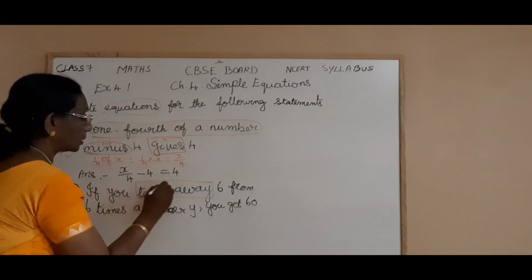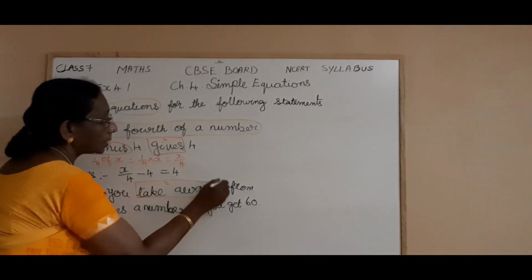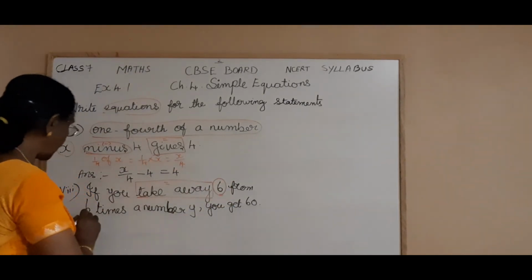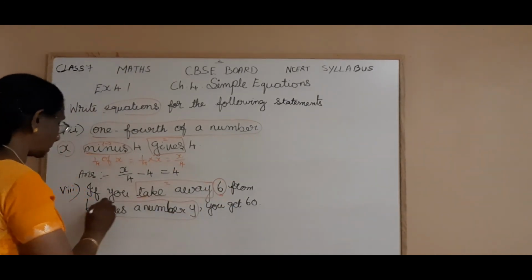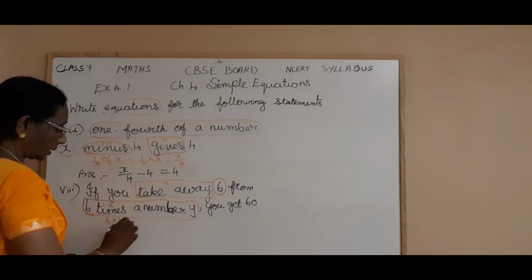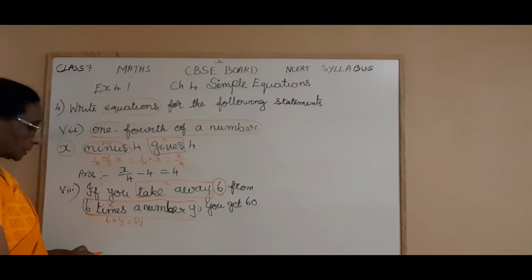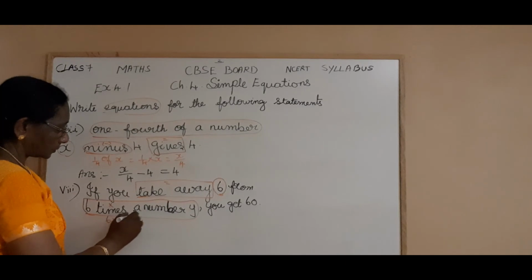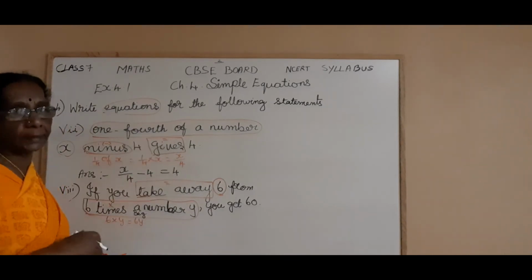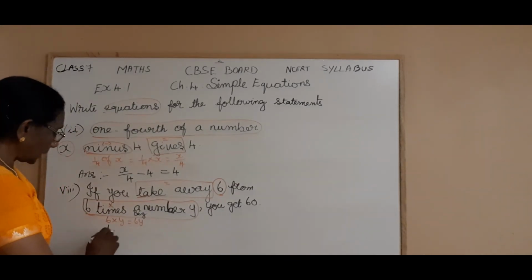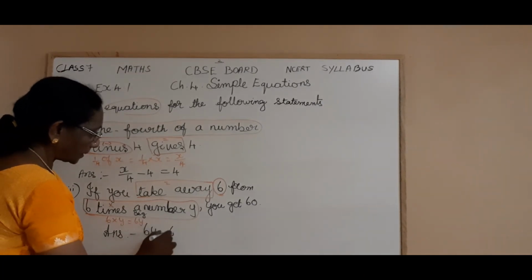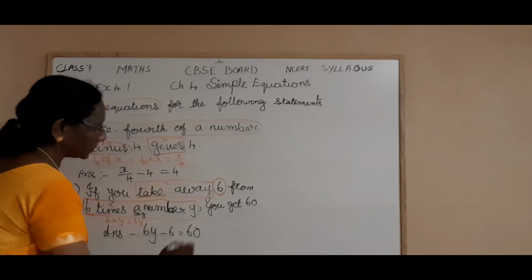Subtraction. What are you taking away? The 6. This is a small number. Okay. And from 6 times y. 6 times means into. 6 into y is equal to 6y. And this is the big number. Is it clear? Take away from 6y you are taking 6. Okay. So what is the answer? 6y minus 6 is equal to 60.